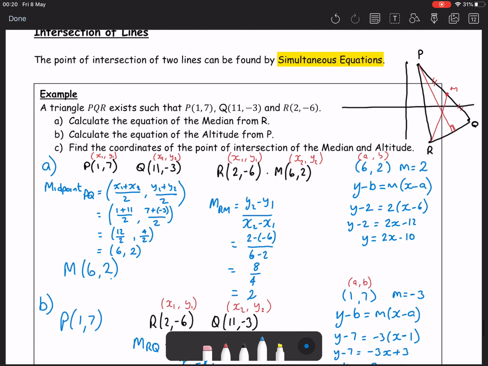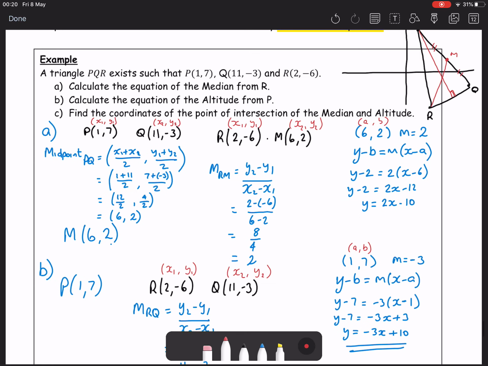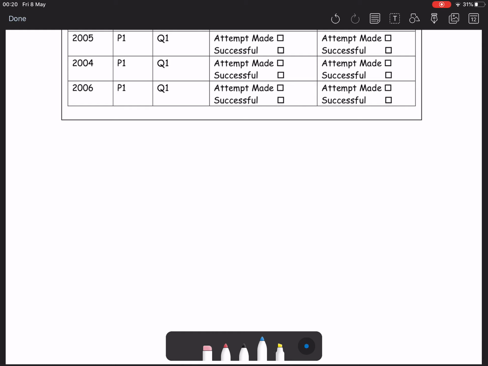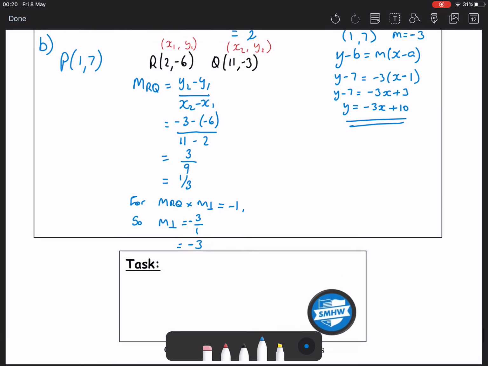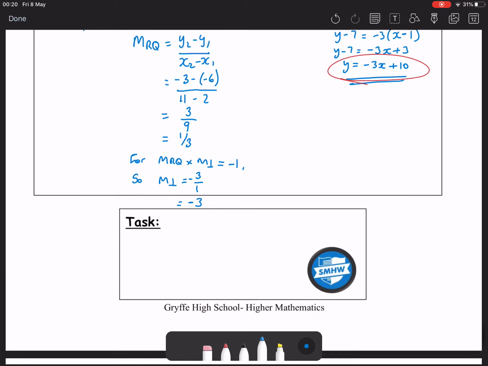Okay, in part C, find the coordinates of the point of intersection of the median and the altitude. What I need to do is to take both my equations, y equals 2x minus 10, I'll use my space down at the bottom, and my second equation from part B, y equals -3x plus 10.